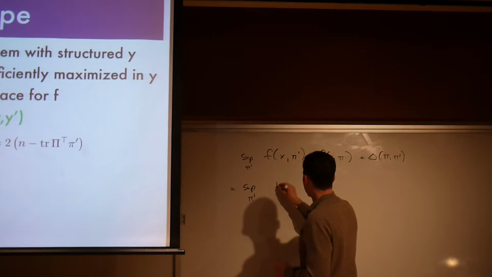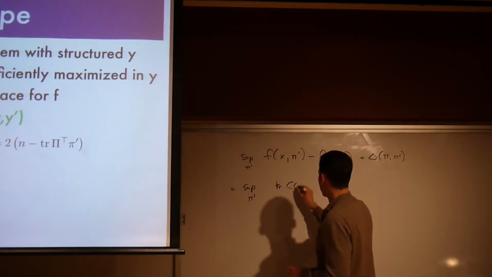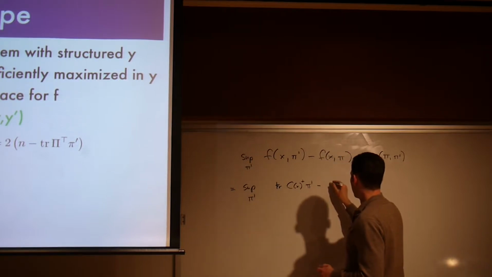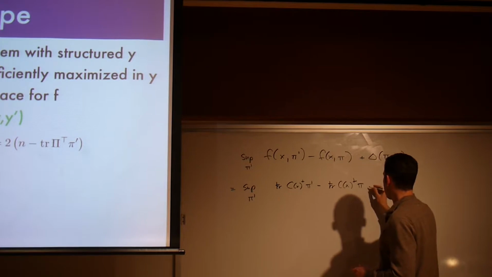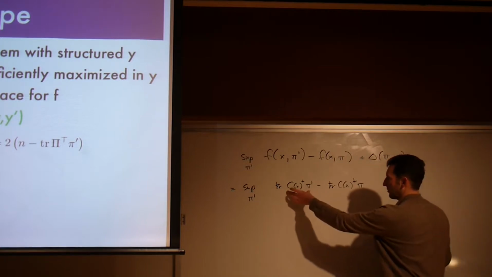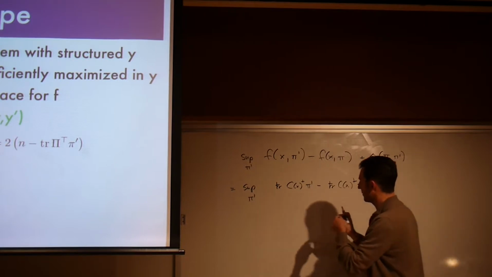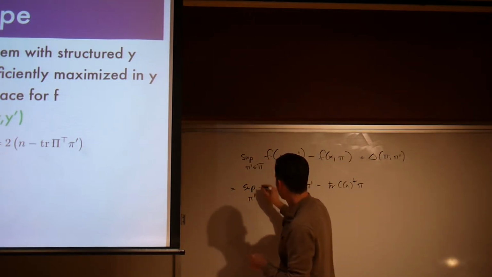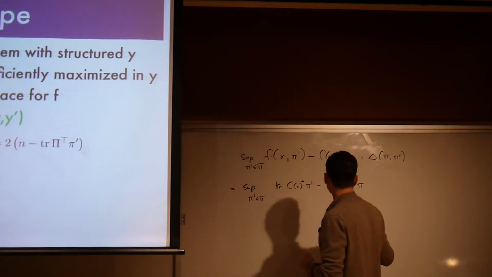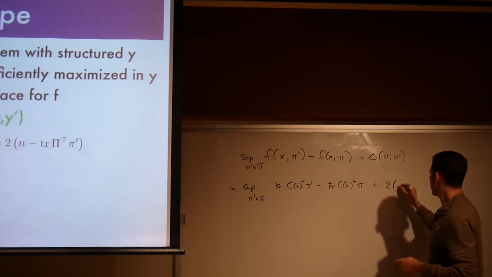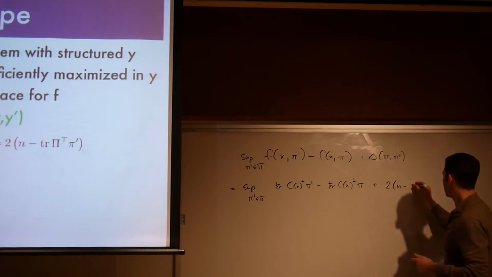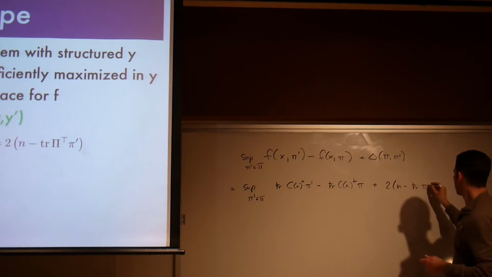Here we have the trace of c of x transpose phi prime minus the trace of c of x transpose phi. That was the loss function that we had before. So this is in the permutation group. And then we have plus 2 times n minus the trace of phi transpose phi prime.